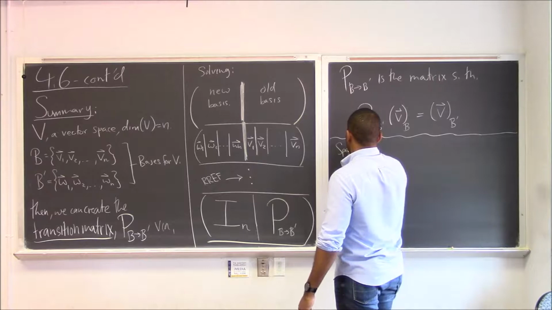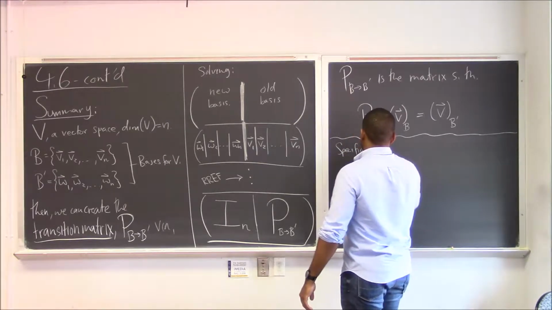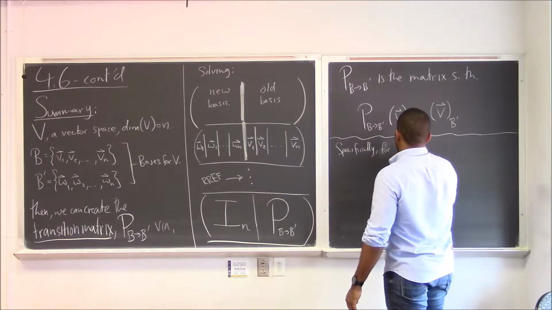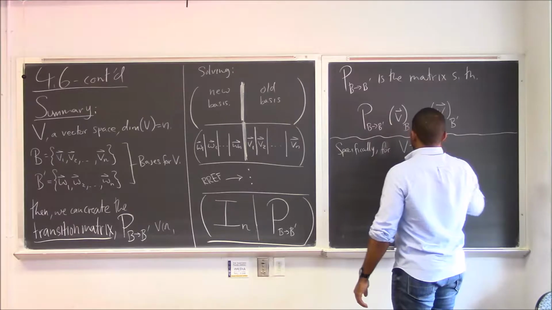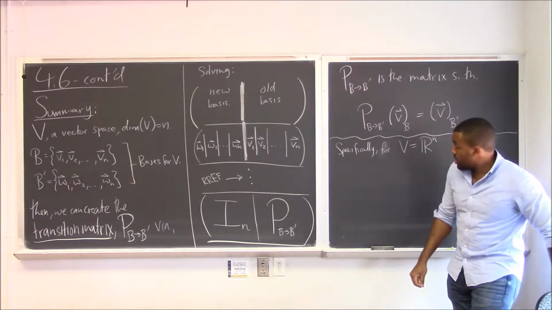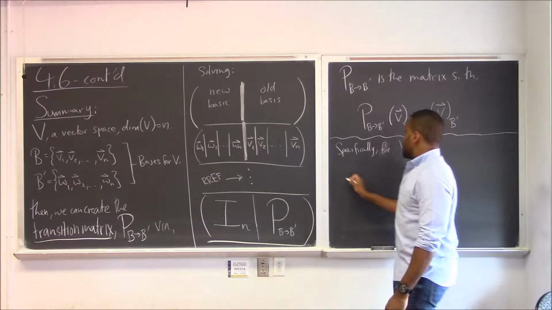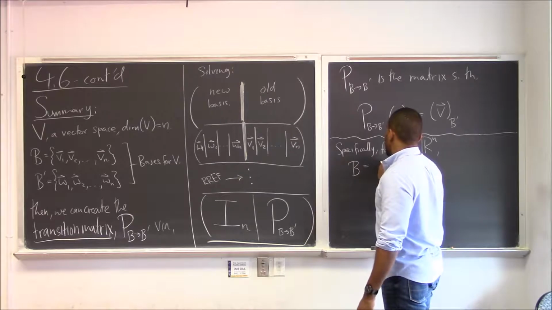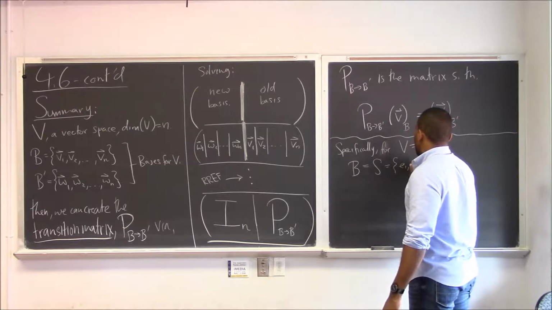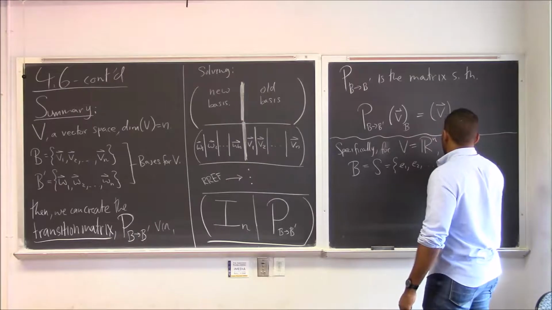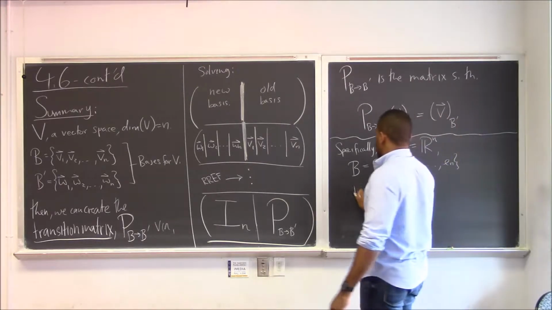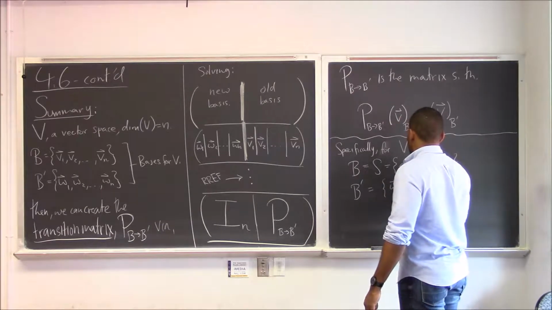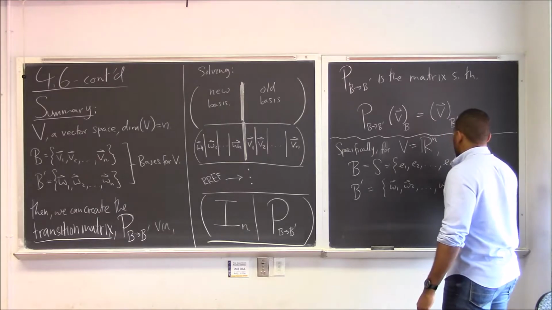Specifically, say, if our vector space is Rn and let's say B is the standard basis, B1, B2, Bn, and B prime is any other basis, W1, W2, Wn.